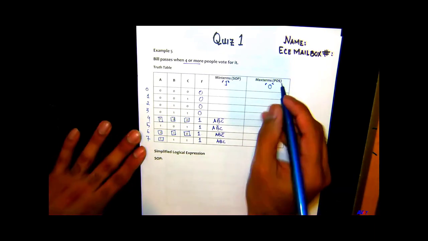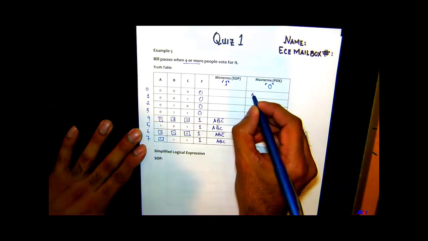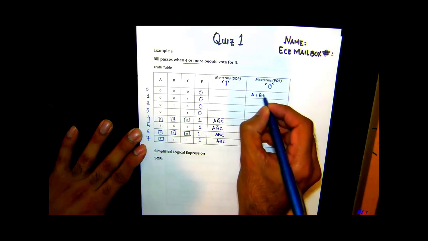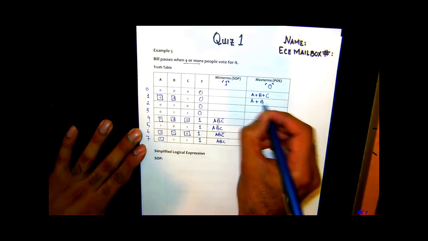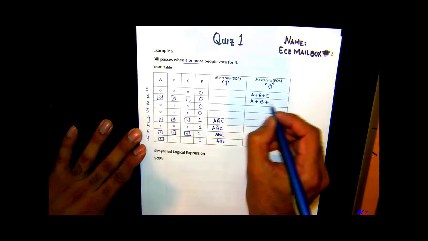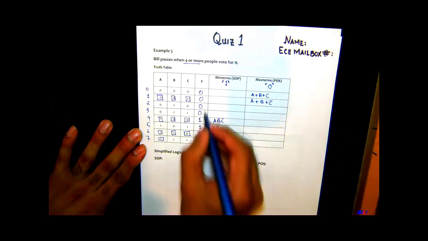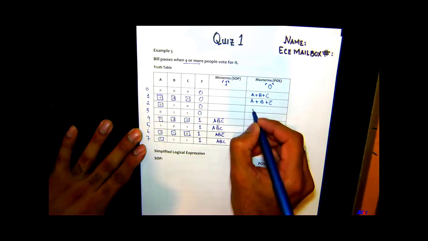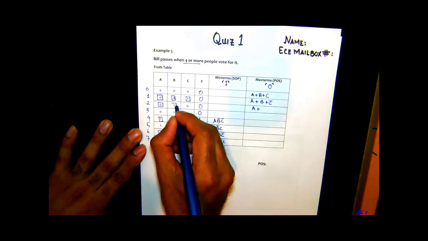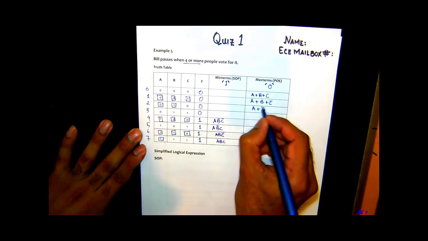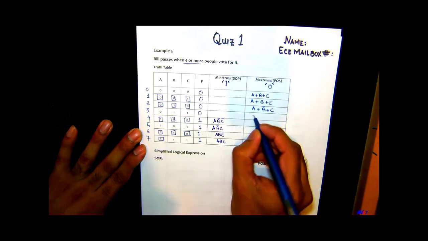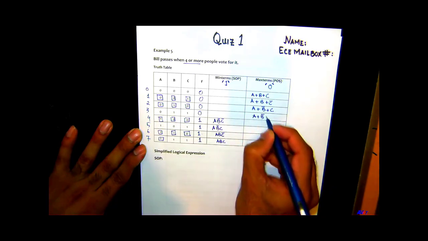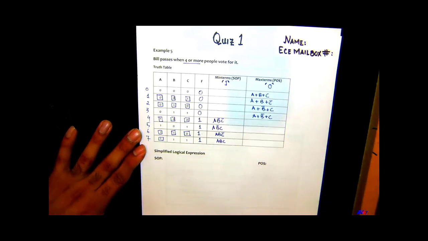Now for the Maxterms, this right here is A plus B plus C. This is A plus B plus C bar, correct? Now this one A plus B bar and then plus C. And then this one is going to be A plus B bar plus C, correct?